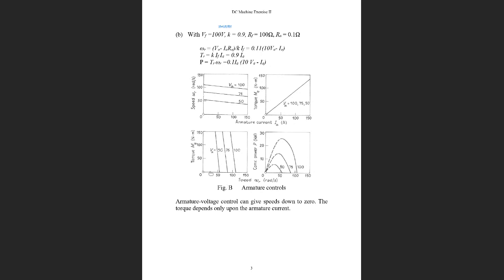Now looking at the torque-speed curves. Very similar to the above figures, it shows that for a higher terminal voltage, the motor has a higher speed. For a lower terminal voltage, the motor has a lower speed. And when the motor speed increases, the developed motor torque decreases.